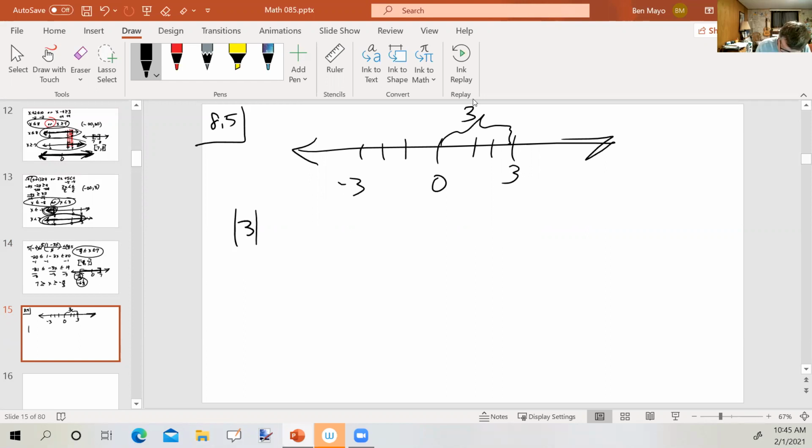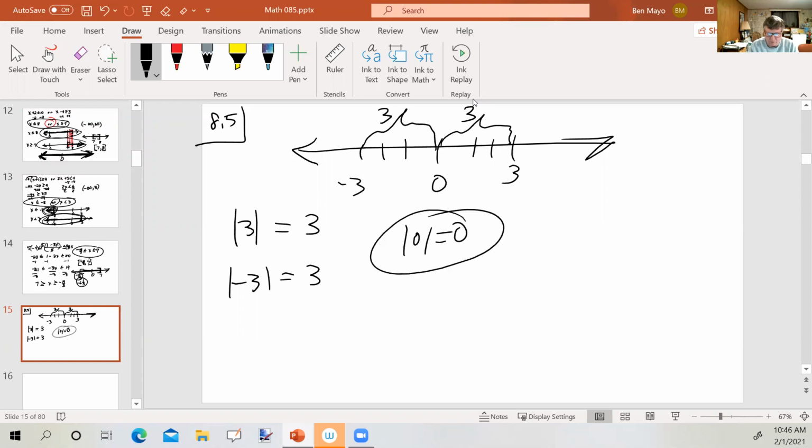So the absolute value of 3 is 3. The vertical bars mean we're taking the absolute value of the number. The distance from -3 to 0 on the number line is also 3 units. So the absolute value of -3 is 3. Distance isn't measured with a negative value. It's either positive or 0, as in the absolute value of 0 is 0.